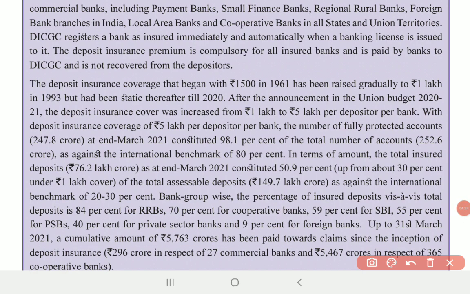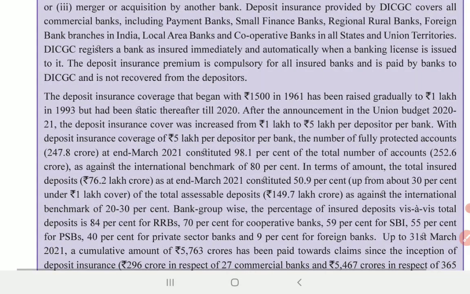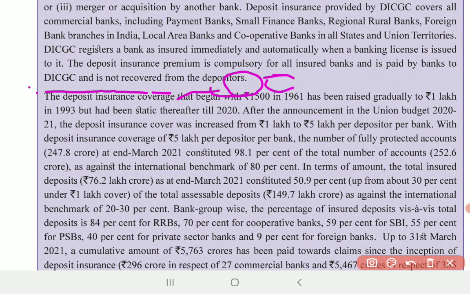The Act came into force in 1961. The deposit insurance coverage began with 1500. So initially, whatever amount a person may deposit, if the bank fails, the DICGC will pay only 1500. This is at the time of 1961.